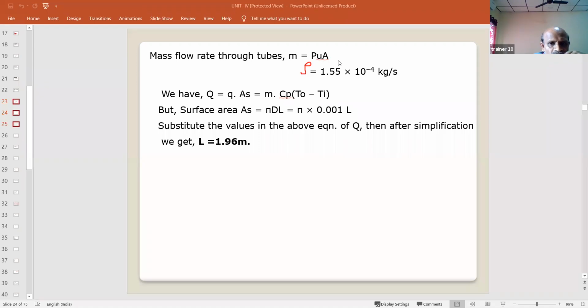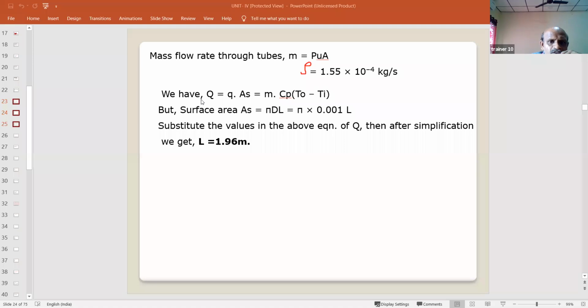Velocity is also given. And area equal to pi by 4 d square. So we have the rho value, velocity is given, diameter we know that value. So we can calculate this mass value.